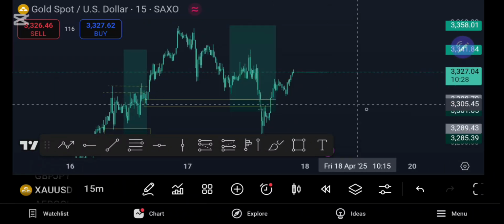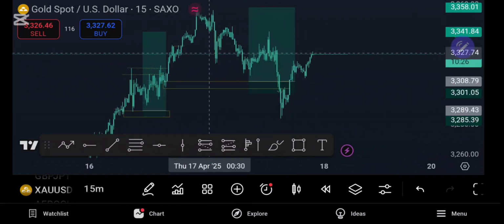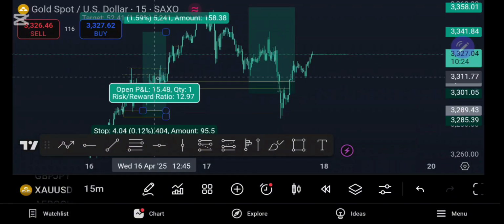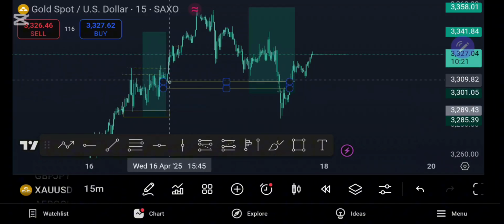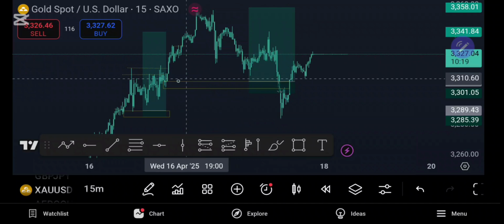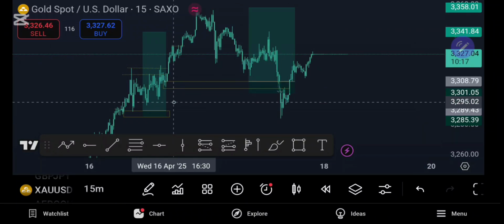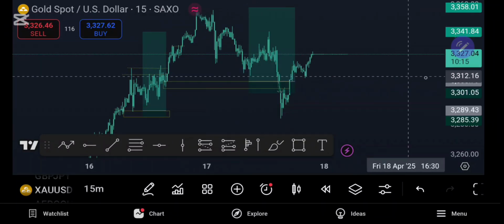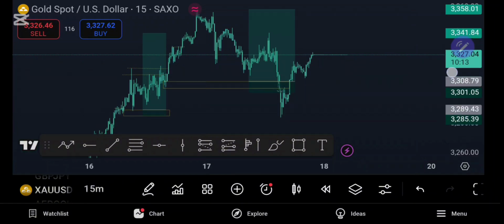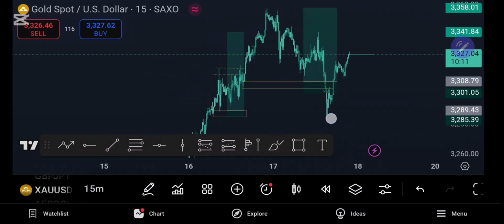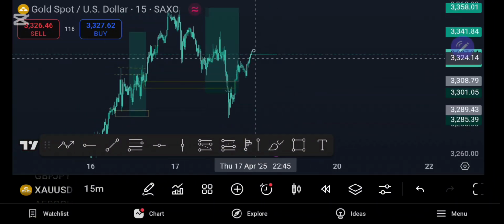Now this is the same thing that is happening here. We can see that price actually had a strong support level here. It was actually a resistance before, which turned into support after price broke through. Now I expected price to buy from here, but then I was trapped by the market.